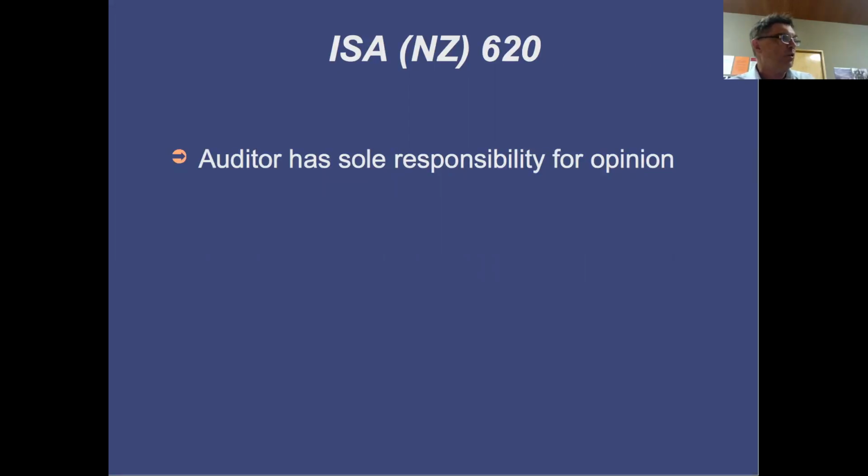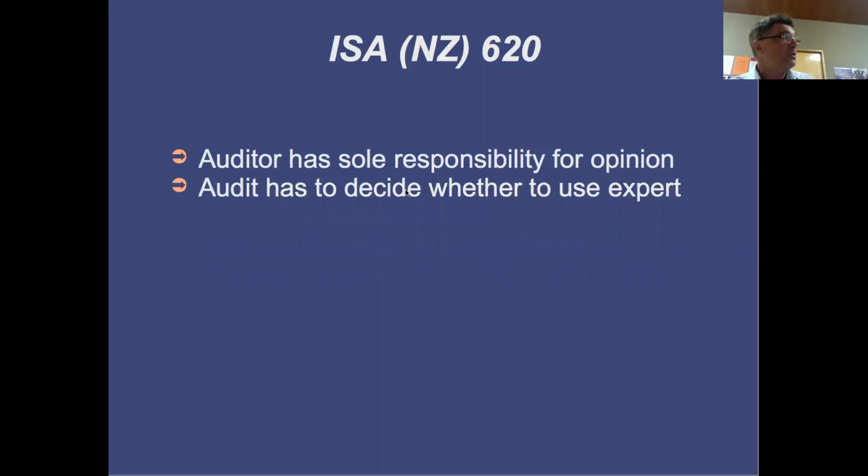Or the expert said, no, that's fine, so we gave our opinion. No, it's our opinion, and we have to decide whether or not to use an expert. Do we have sufficient expertise for this assignment?